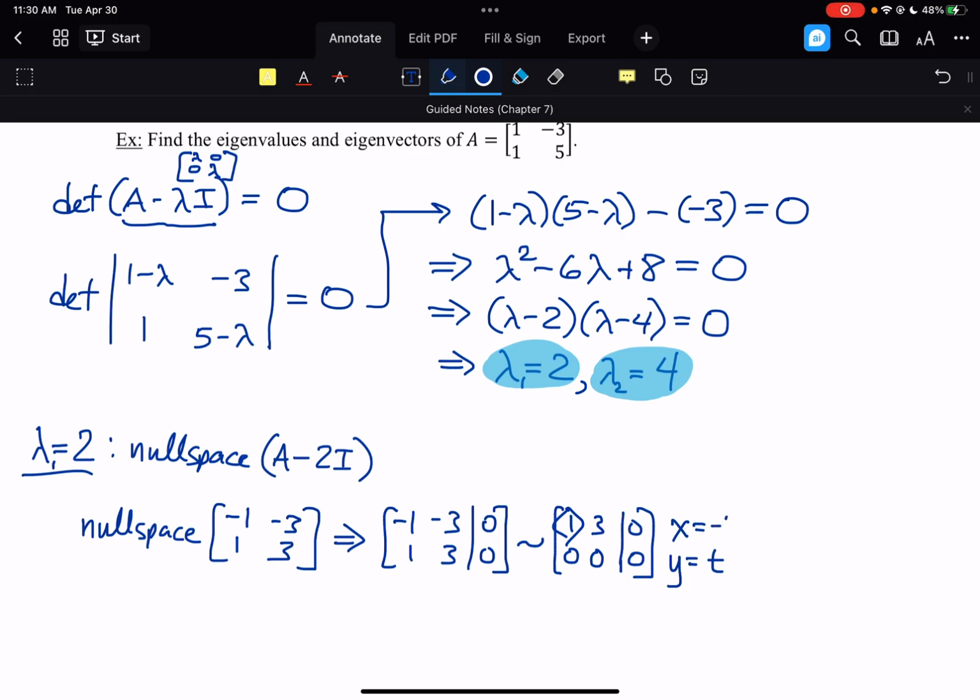X, if you subtract that over, gives us negative 3t. So our first eigenvector is going to be negative 3t and t.